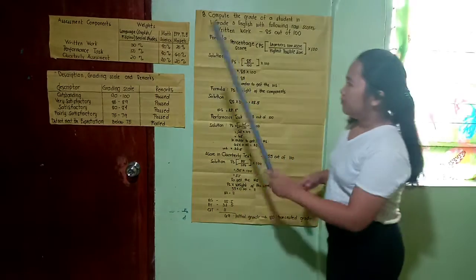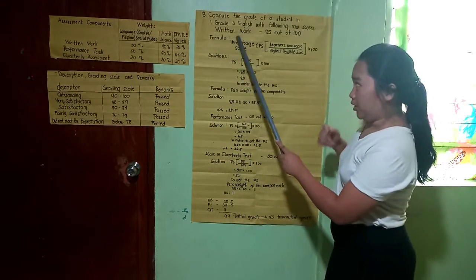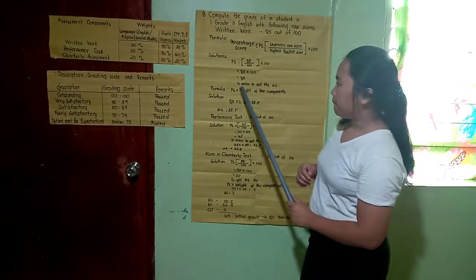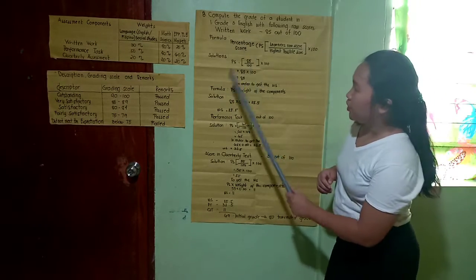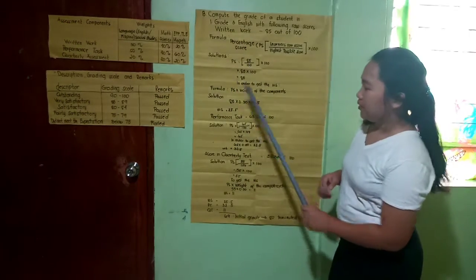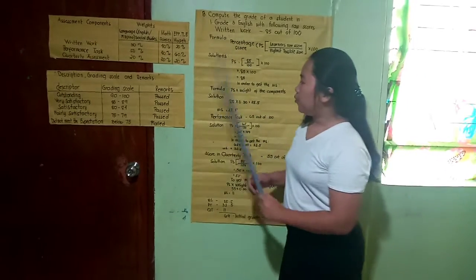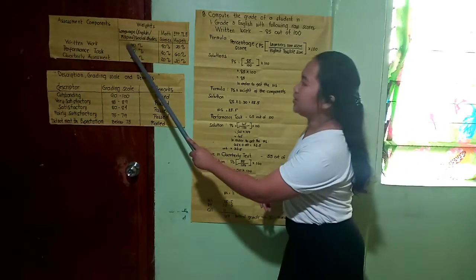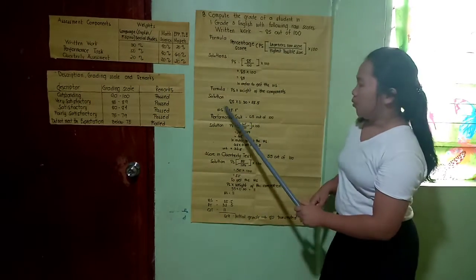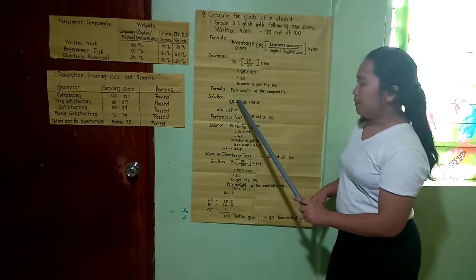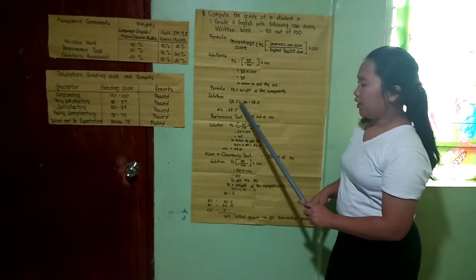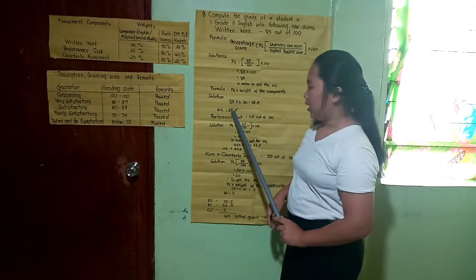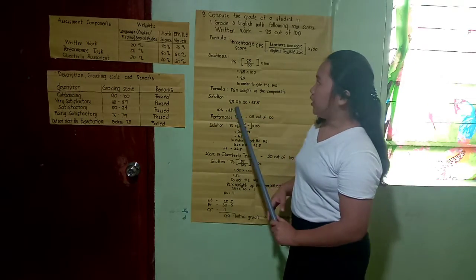So in written work, percentage score times the weight of the components, which is 30%. 85 times 0.30 equals 25.5. So that is the total of the written work.